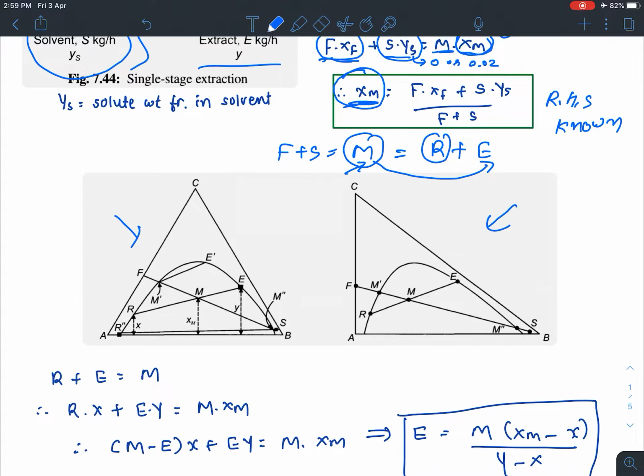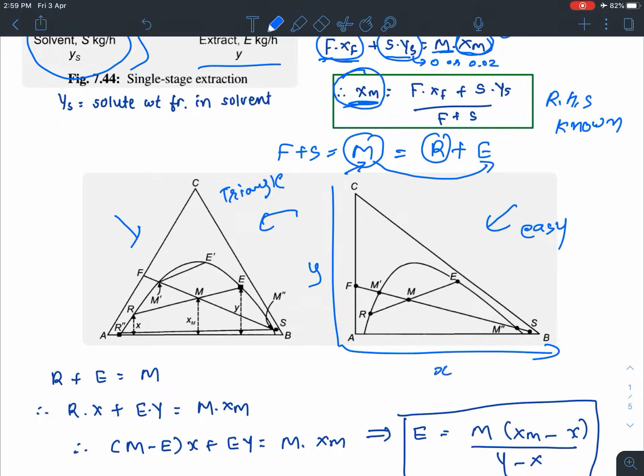The right angle triangle method is quite easy compared to the equilateral, because in the equilateral we have to follow all the triangle rules. Here we take the y versus x diagram, and based on that we plot the binodal curve. So that is the application of the M point.